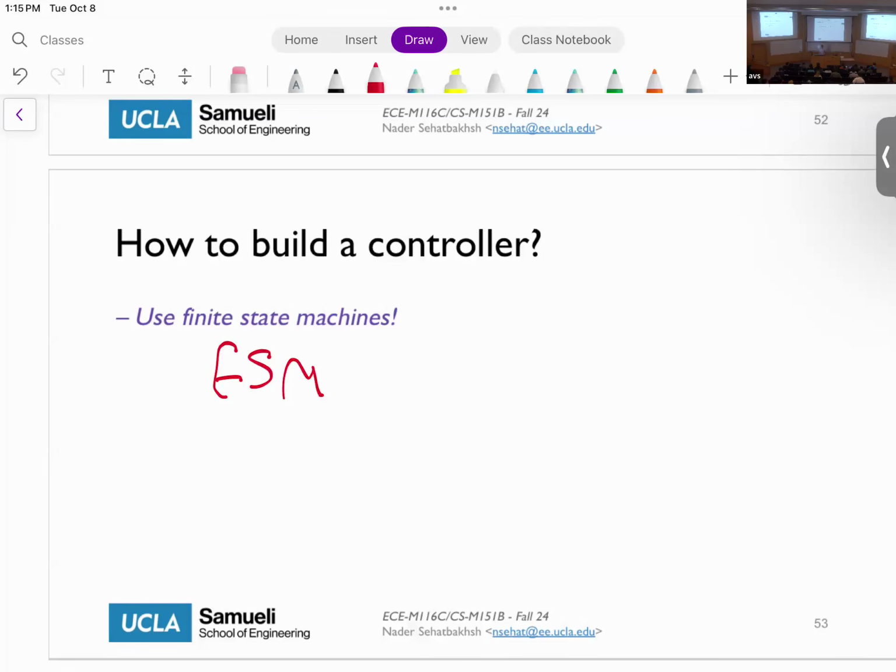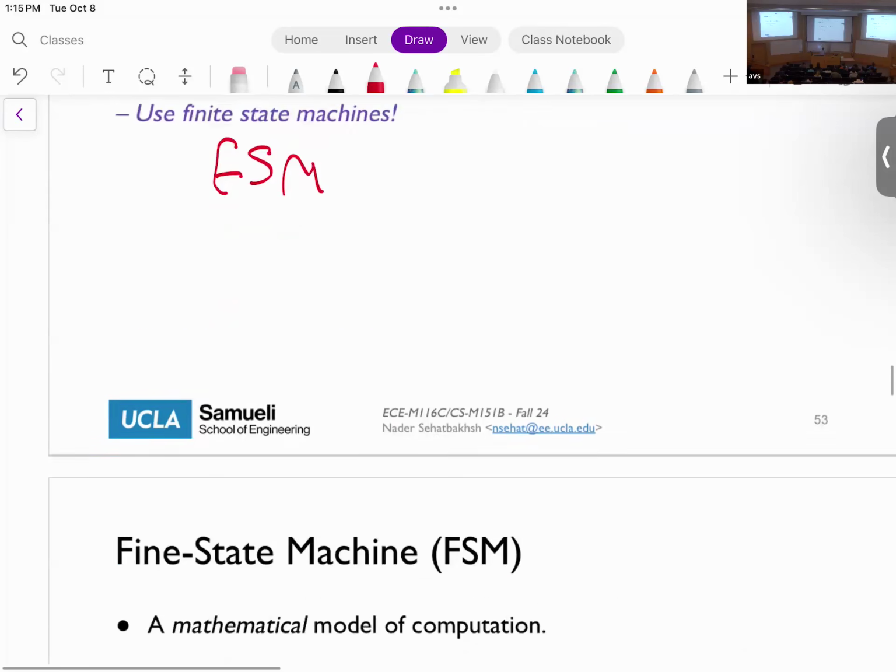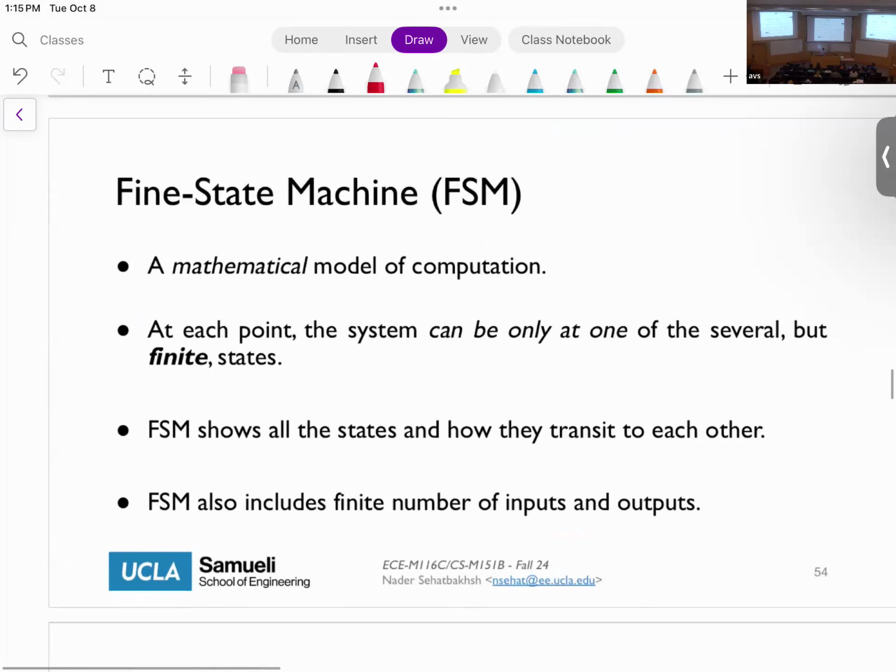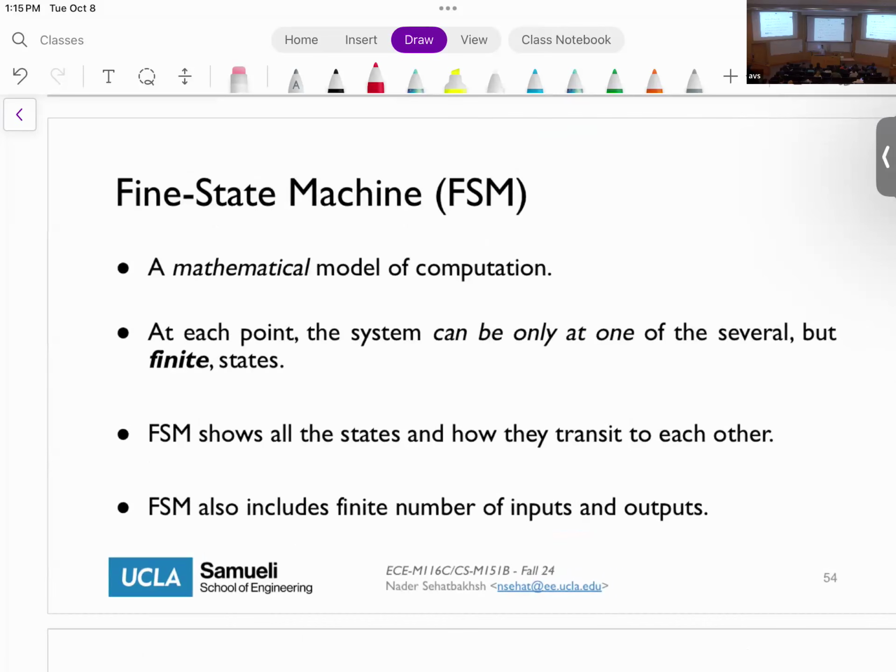A finite state machine is essentially designing this system as multiple steps. In each step, we're going to produce some outputs to the system, and that's how we're going to create these signals. For those of you who are not familiar with what an FSM is, it is a mathematical model of computation.